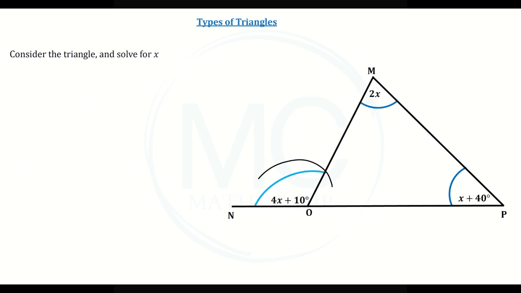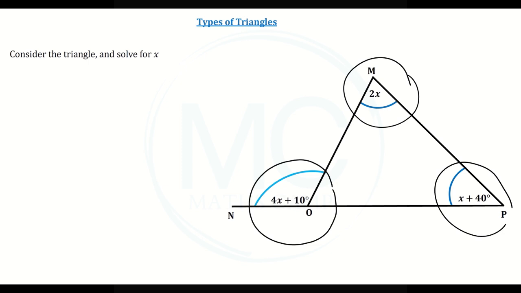Here, angle O is the exterior angle, and angles M and P are the opposite interior angles. And we know that the exterior angle is equal to the sum of the opposite interior angles of a triangle. And we can use this idea to solve for x.